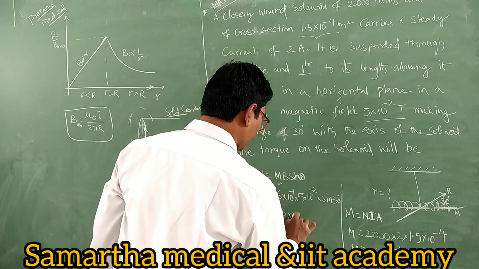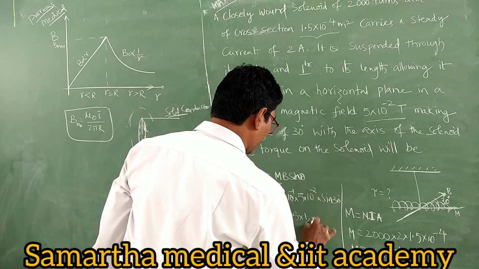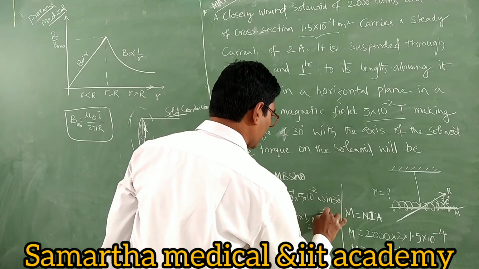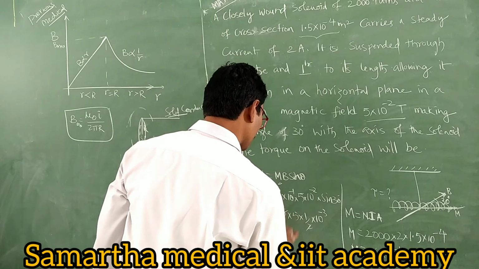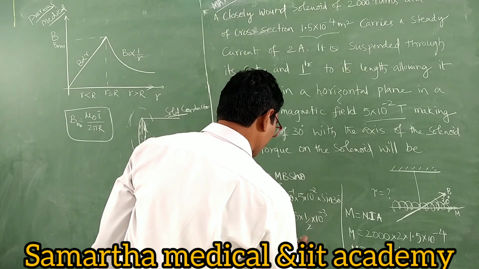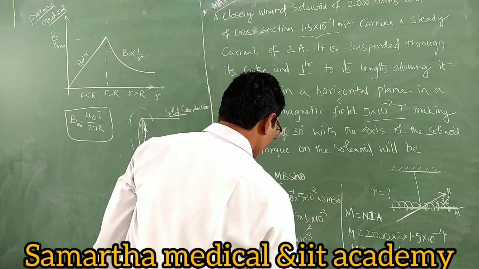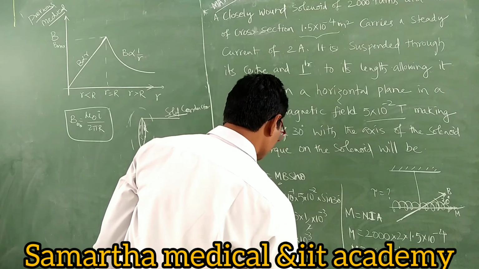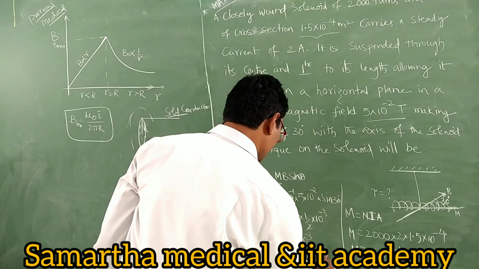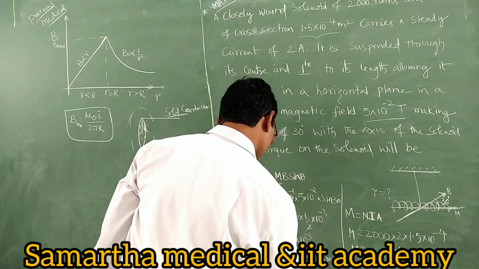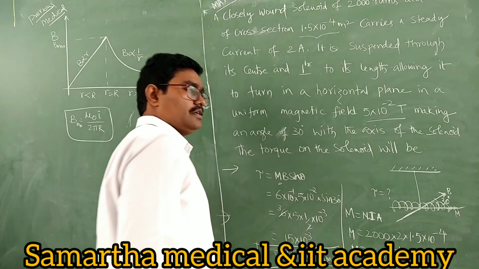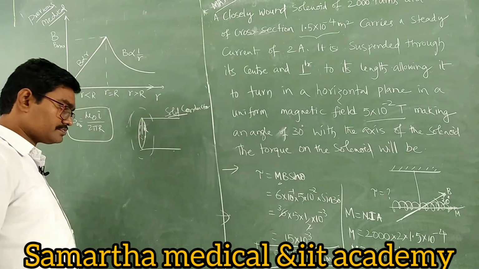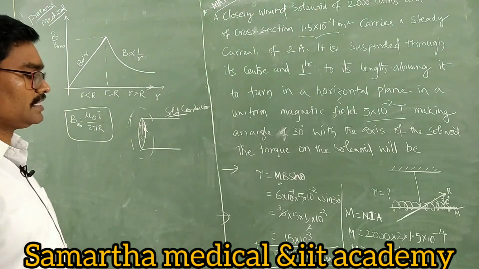So 6 into 5 into 1 by 2 into 10 power minus 1 minus 2, so 15 into 10 power minus 3, or 1.5 into 10 power minus 2. Units? Newton meter. Okay, that's the answer. No doubt.